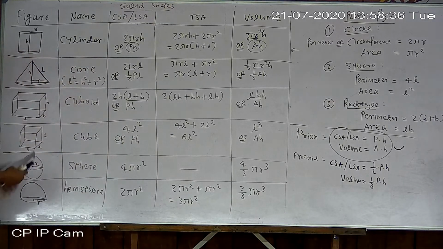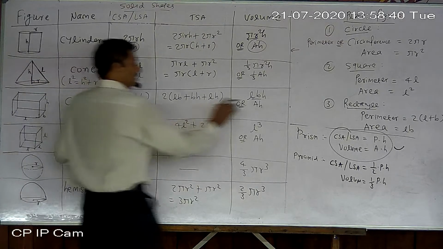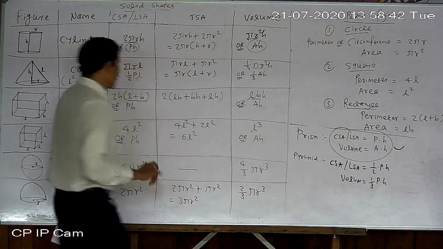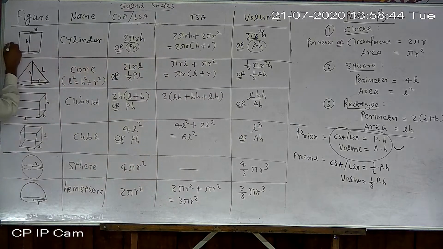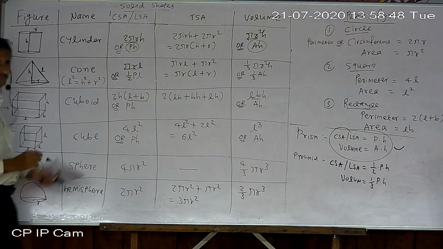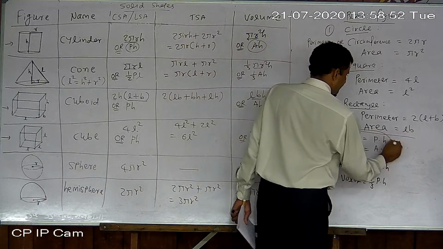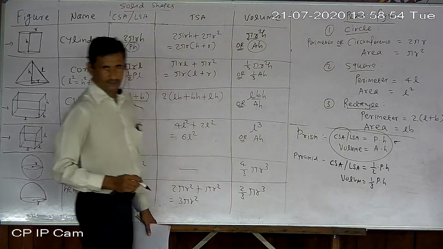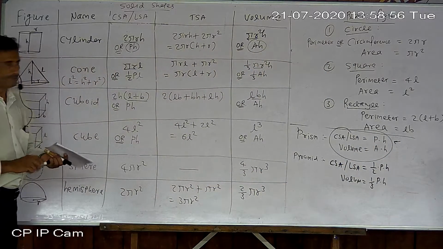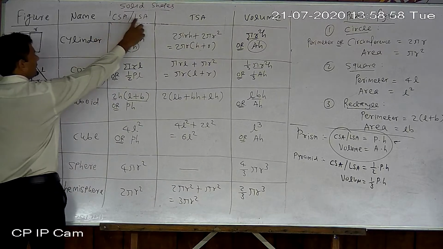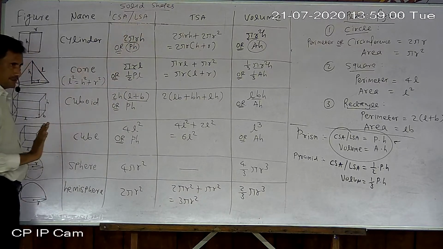Now first of all we discuss this prism part: cylinder, cuboid and cube. Now concentrate here only. CSA or LSA. What is the CSA and LSA difference? CSA is curved surface area, LSA means lateral surface area.